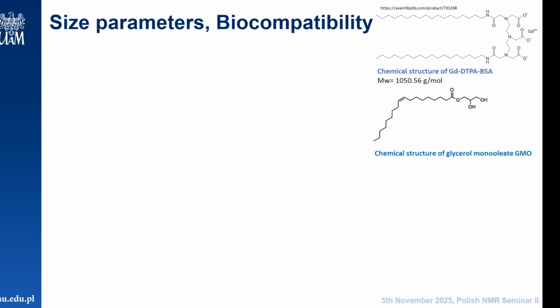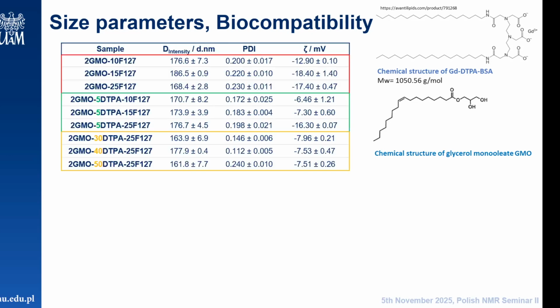And thanks to dynamic light scattering, I measured the size of these samples. But first of all, I divided my samples into 3 groups. The first group is our unmodified system. The second one is with low concentration of gadolinium, and the third one is with high concentration of gadolinium.